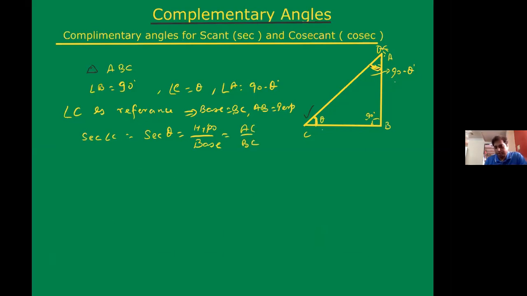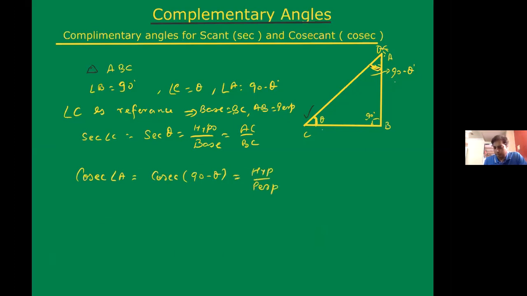Similarly, if I see cosec angle A, which is cosec 90 minus theta, we know that cosec is hypotenuse by perpendicular.